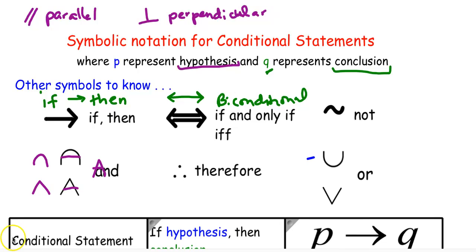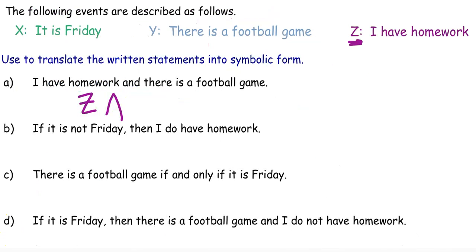So if we come back over here, I'm going to take our I have homework and there is a football game. So we would write it like that. If you prefer to do the upside down U, it means the exact same thing. If, then, notice I have an if, then statement here. So that means I need an arrow in the middle of my statement. It is not Friday. So not Friday means not squiggle X, arrow, I do have homework.